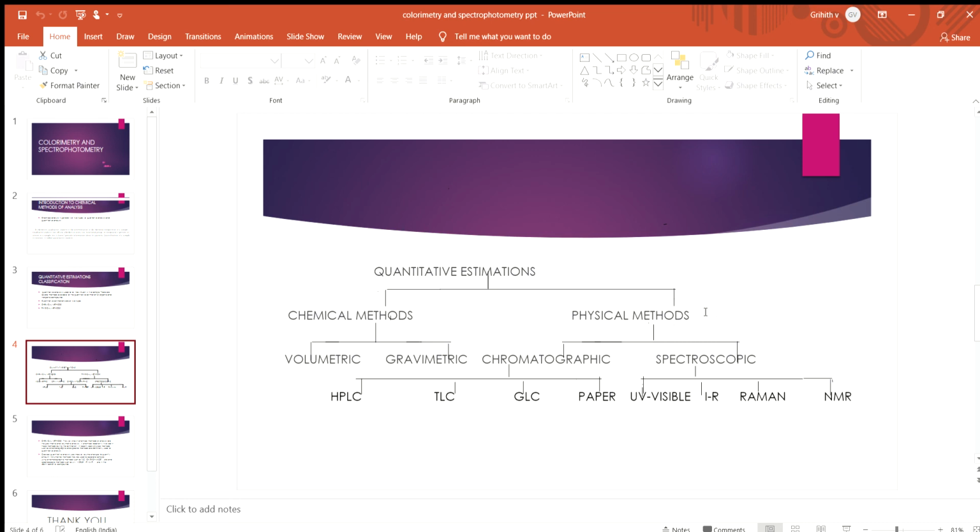What is an emission spectrum? The spectrum produced by emitted radiation is known as the emission spectrum. What is emitted radiation? Just now I told you that spectroscopy is defined as the interaction of matter with electromagnetic radiation.